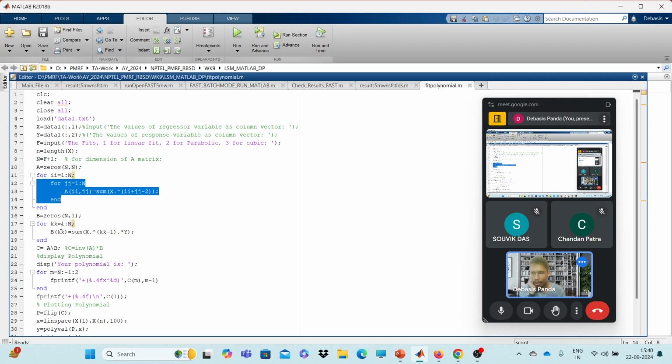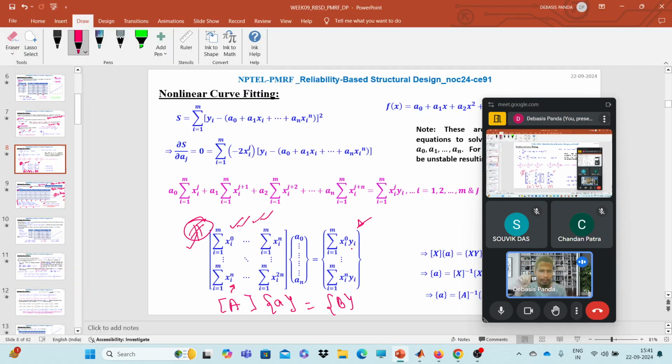So for kk equals 1 to n, sum of x to the power kk minus 1 into y. When kk equals 1, the first term will be x to the power 0 into y, that means only y. The second term will be summation of x into y, the third term summation of x square y, the fourth term summation of x cube into y, and so on.